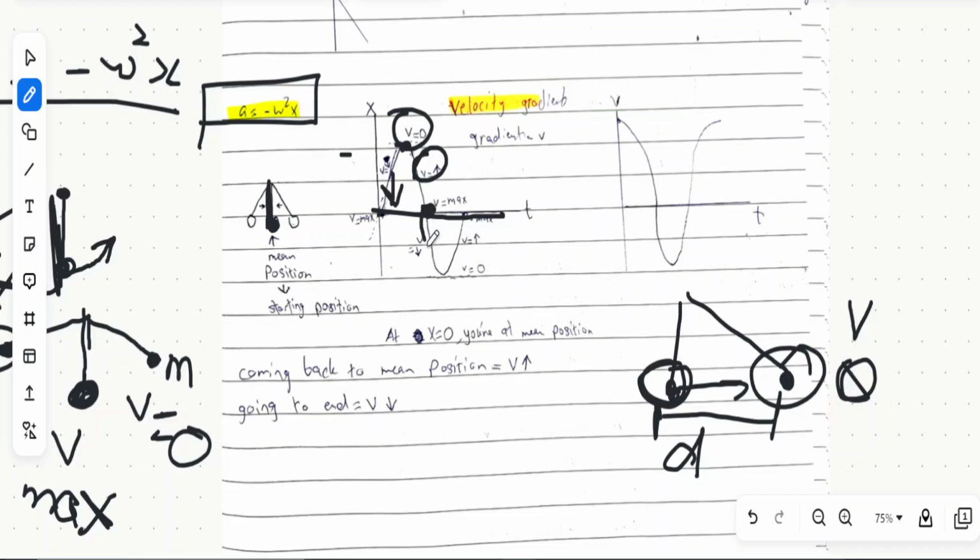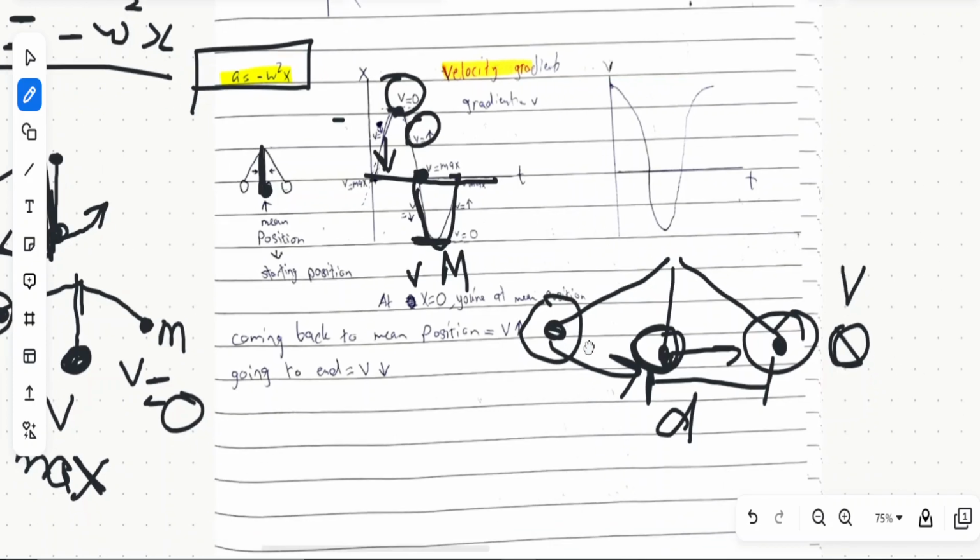And then it changes direction. So now it's going towards the left. It reaches the maximum position at the left, and then it changes direction, goes back, and you'll do like this. You get the point, right? So this is simple harmonic motion.